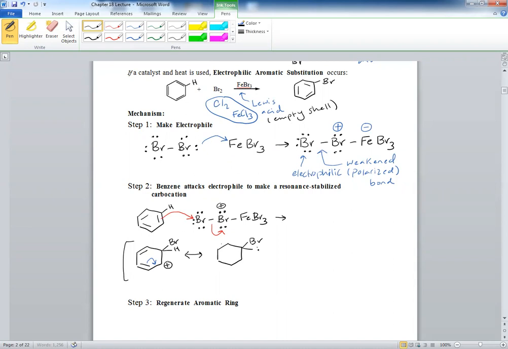You're moving, once again, the double bond, and then the positive is now right there. There's another resonance structure. You should probably pause and see if you can draw the last resonance structure.